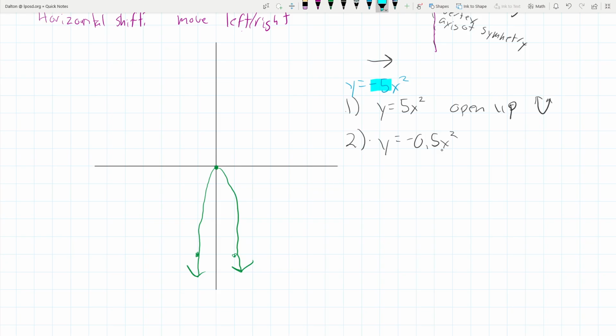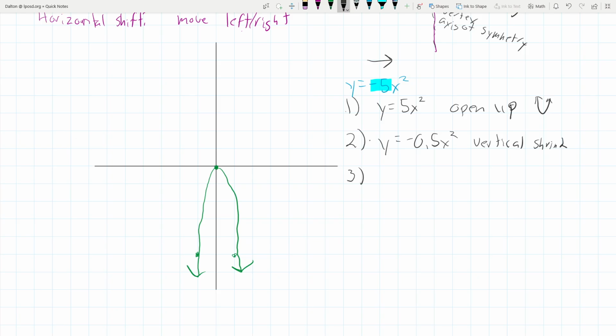Is it less than it or is it bigger than it? When I think about it, I go 0.5 is less than 5. The negative doesn't really play a part because they both share it, and so they're both facing down. And so I'm left with 5 and 0.5. Which one's bigger? Oh, the 5 is bigger. So what that makes this is a vertical shrink.